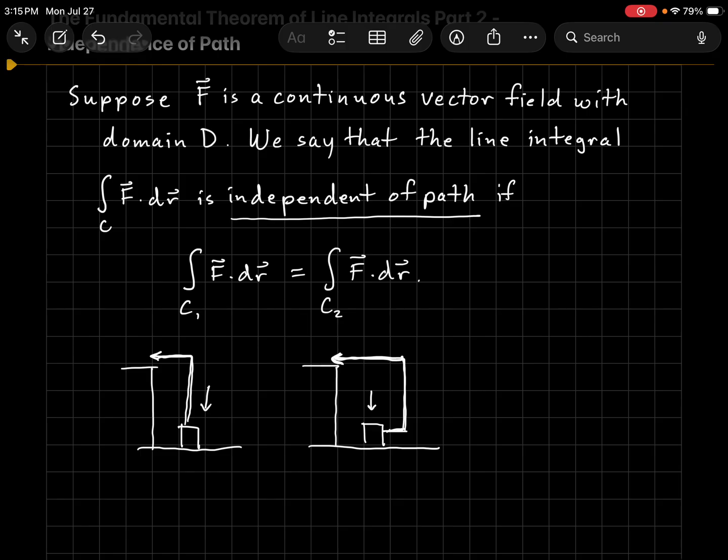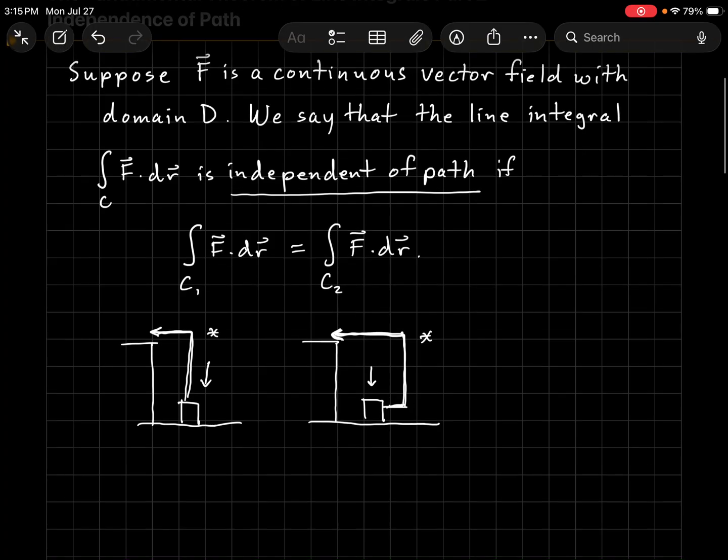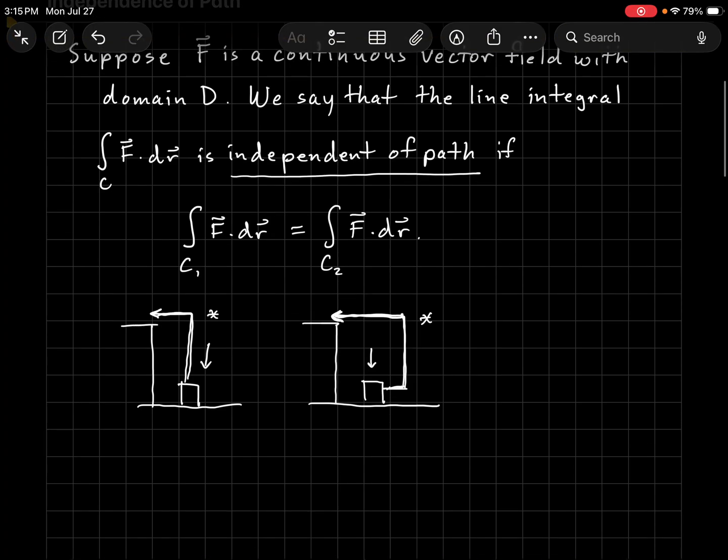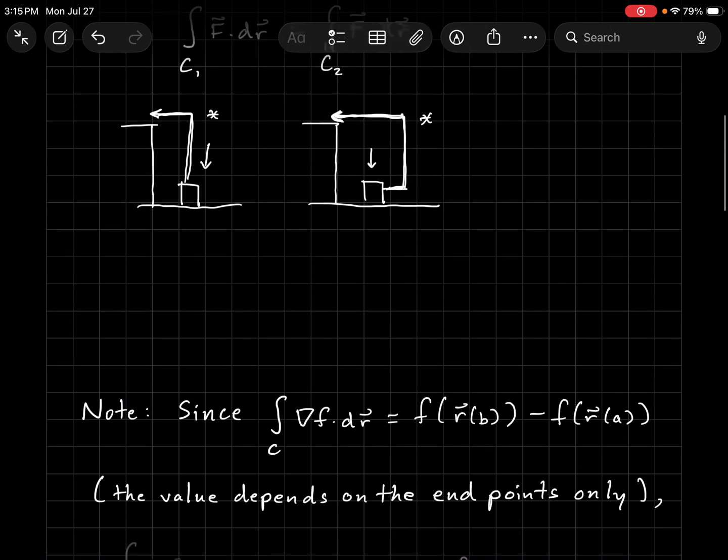In the second case, it might take me less work than in the left scenario, when somebody's trying to push down on the box as I try to lift it up. If there's a different amount of work needed, then these line integrals would not be independent of path, because I would get a different value depending on the curve or the path that I took.